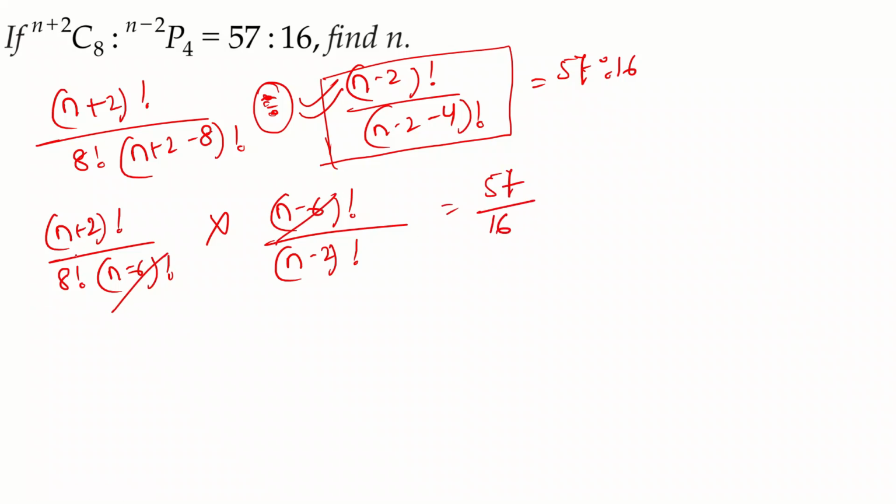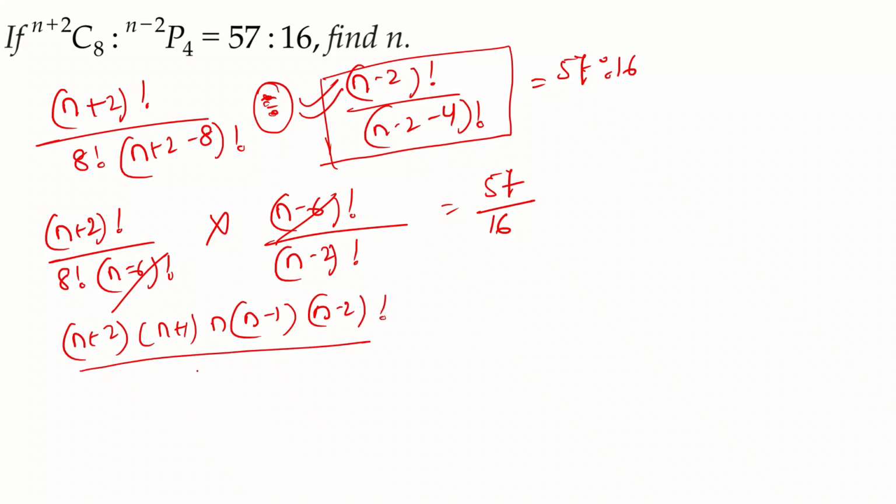So (n+2)! is (n+2), subtracted 1, subtracted 1 more, subtracted 1 more, and then subtracted 1 more, factorial, divided by 8! (n-2)! is equal to 57 upon 16. So we have used that result for (n+2)!. Suppose we have 10!, that can be written as 10 into 9 into 8 into 7.